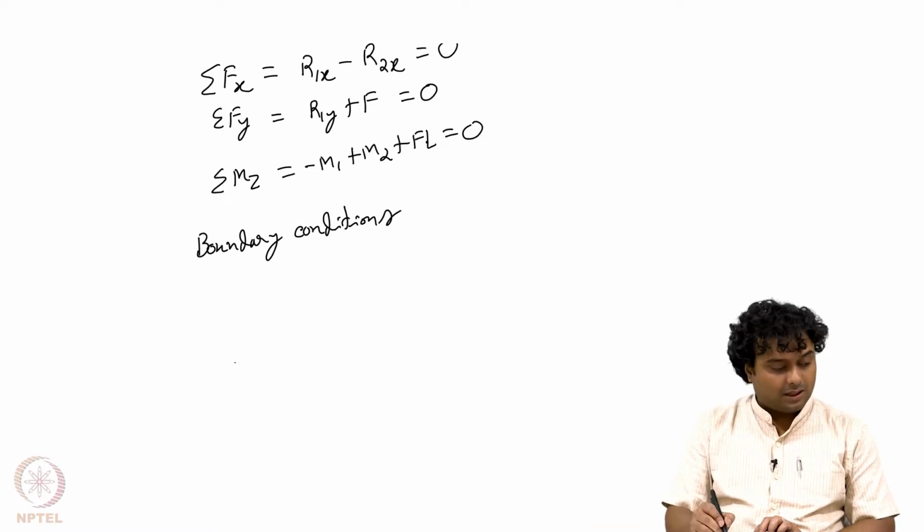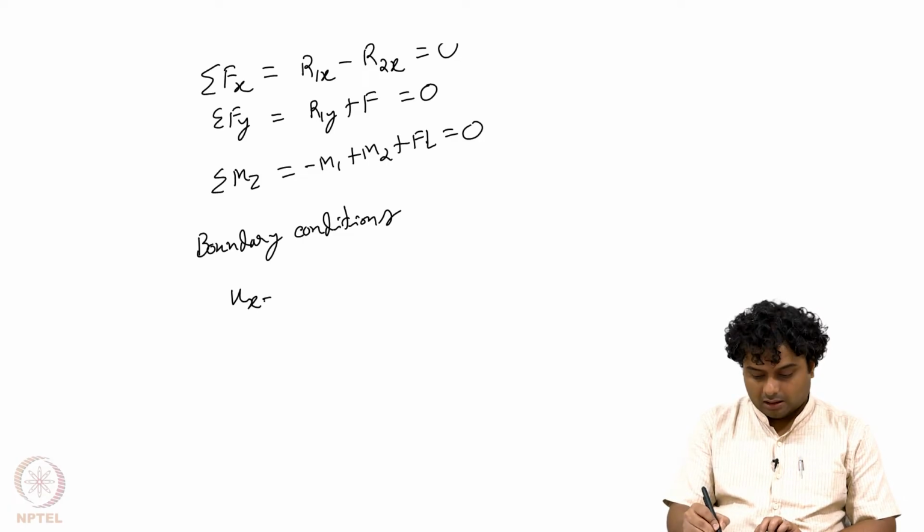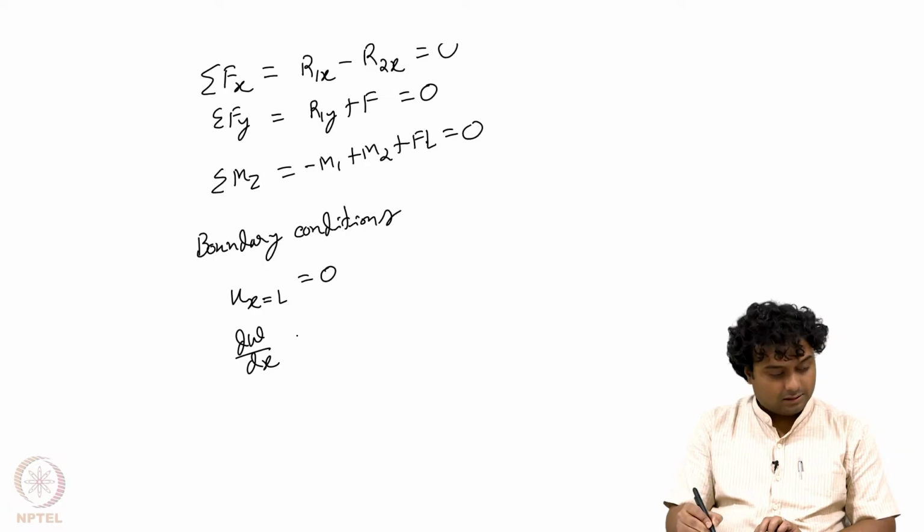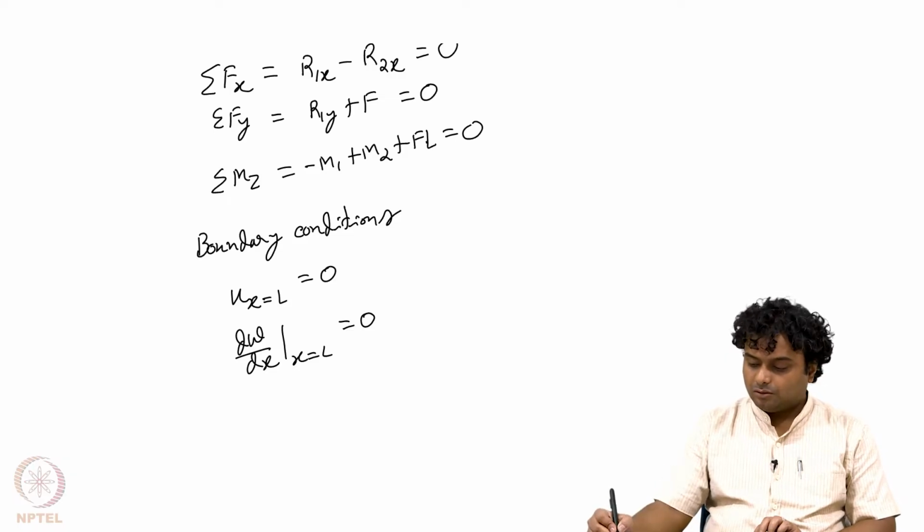For this particular boundary condition, we can write that ux at x equal to L is equal to 0, and then dw/dx at x equal to L equals 0.